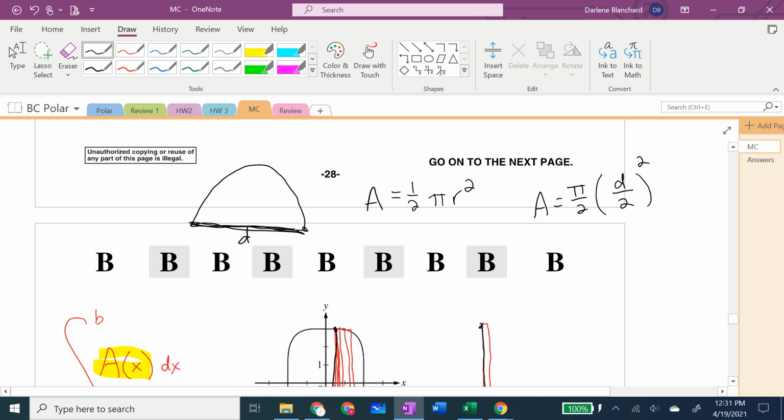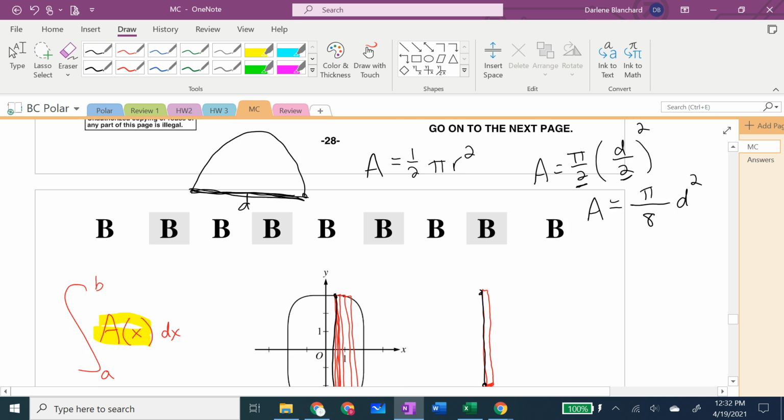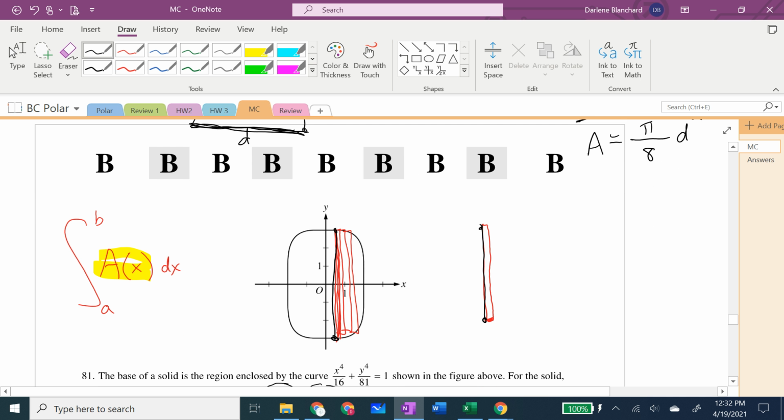Now, you can put it into this format, or you can simplify the formula. This formula simplifies to, in the denominator I have this 2. This 2 is squared. That makes 2 cubed, 8. So pi over 8 times the length of the diameter squared is the formula that I want to use for my area formula.